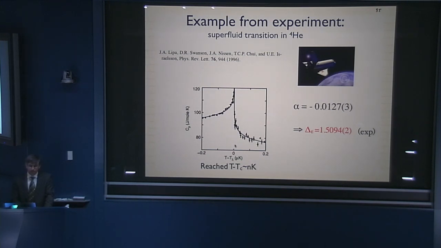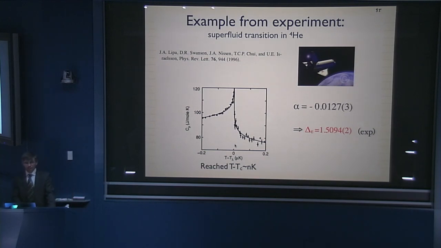And various quantities of physical interest show singularities near this point. Like, for example, one quantity that people like to study is the specific heat, which means how much heat you should put into the system to heat up the helium by 1 degree Kelvin. This is called specific heat.